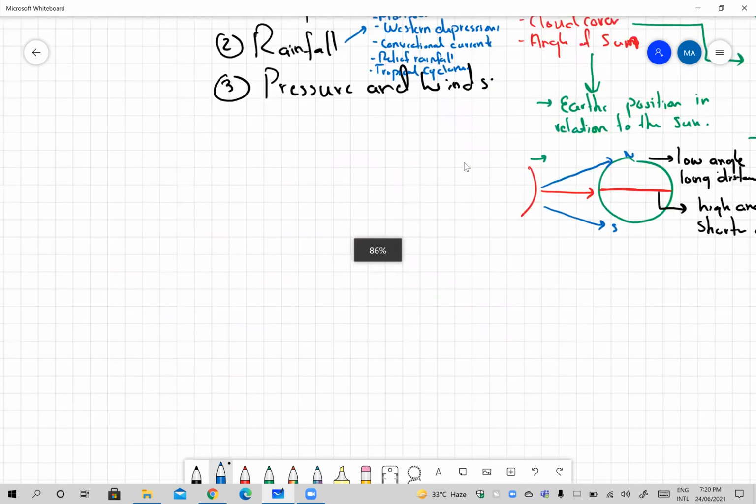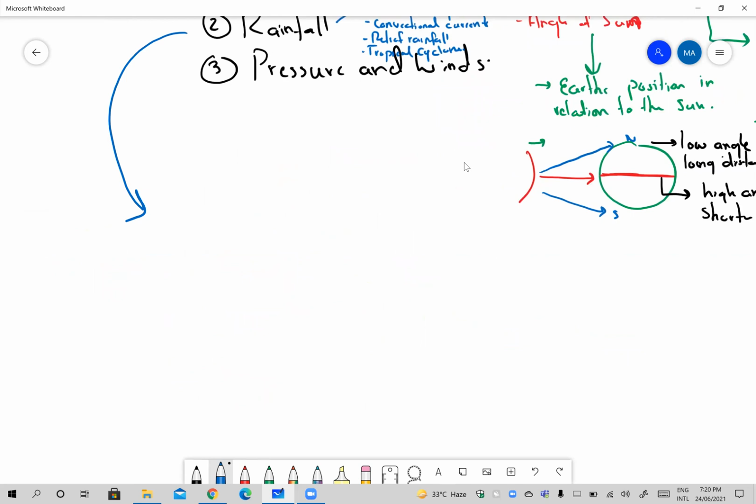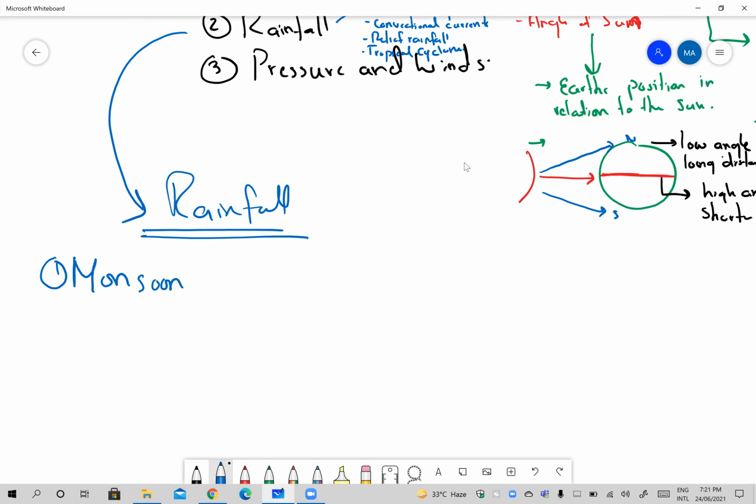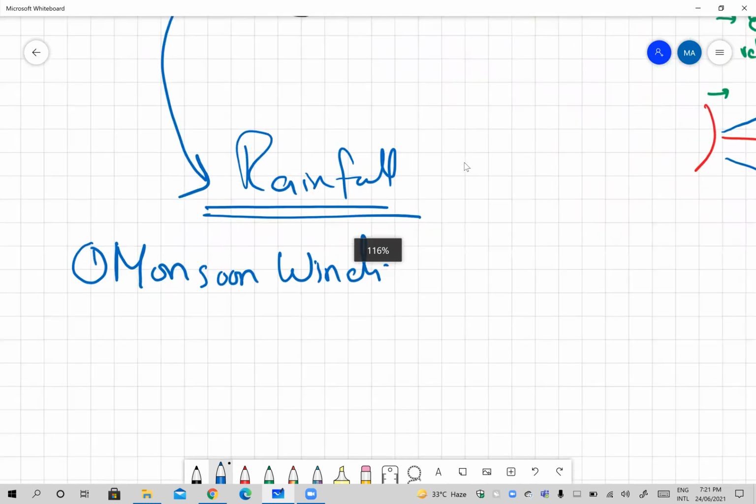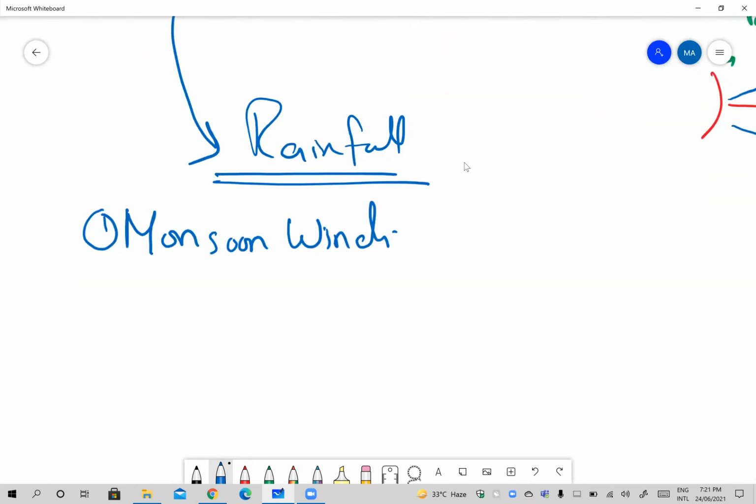Rainfall now. We're now discussing rainfall here. First type of rainfall is due to the monsoon winds. This word monsoon means season, seasonal winds. So we're talking about a particular season of rainfall.